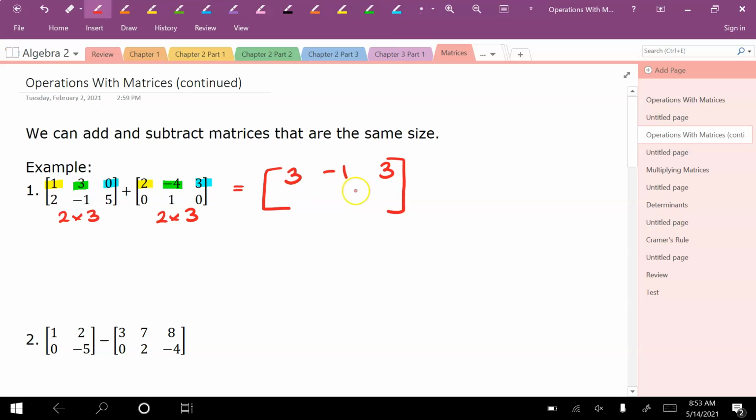What did you guys get for the bottom row of numbers here? Good. 2, 0, and then 5. And that's all there is to that.